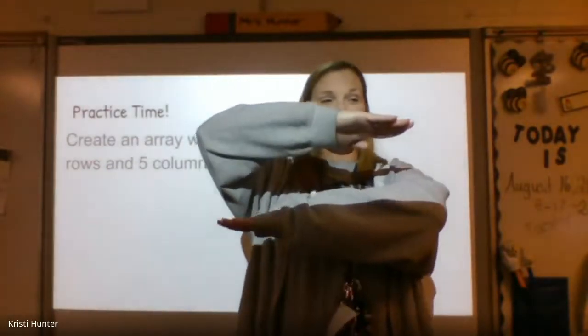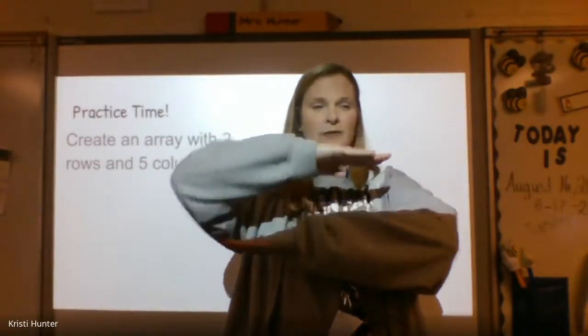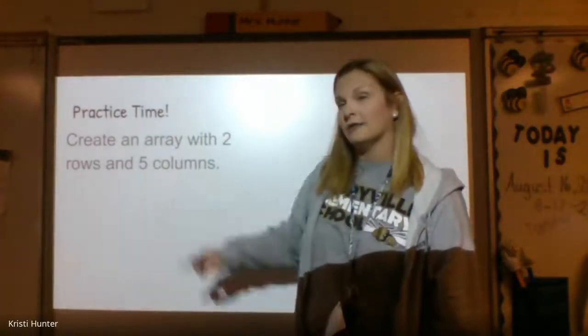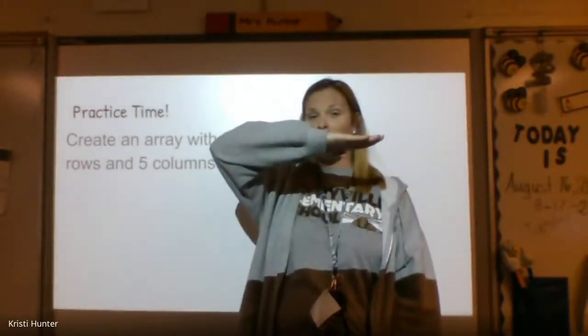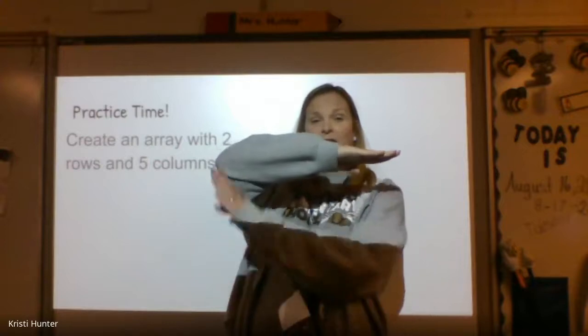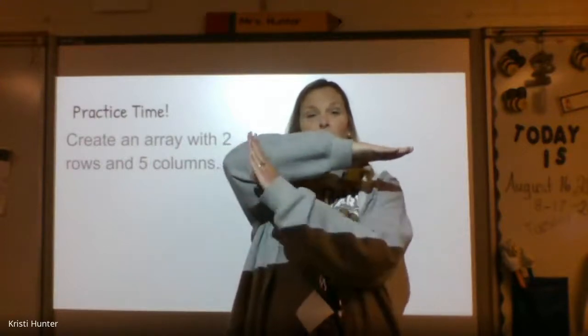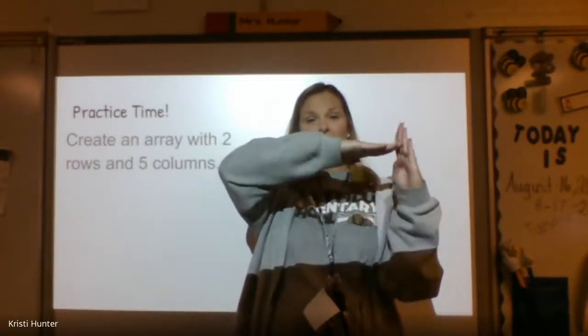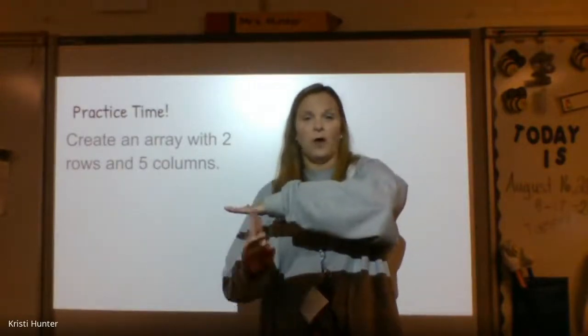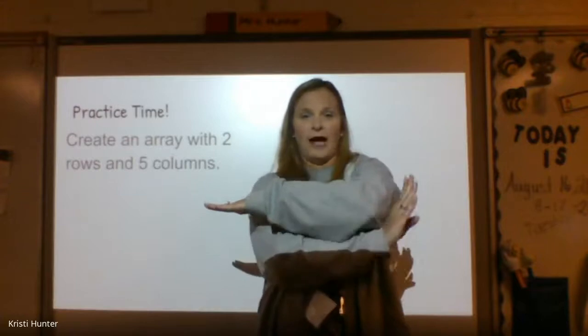So put your items in 2 rows. And then we're going to put 5 in each column. So this row needs 5, right? Because we're going to make 5 columns. So in your top row, put 1, 2, 3, 4, 5. And in your second row, put 1, 2, 3, 4, 5.